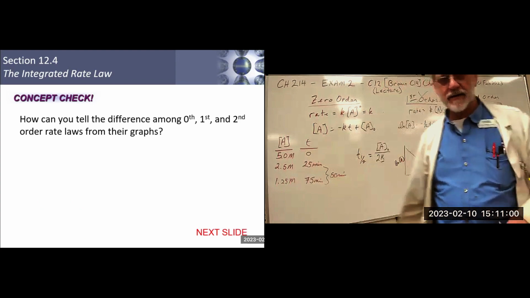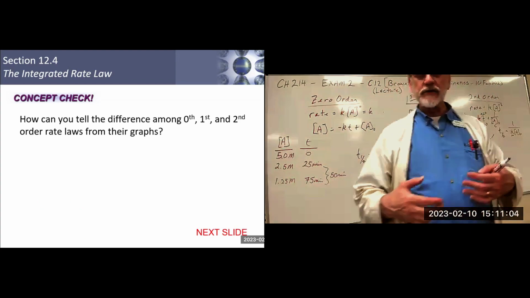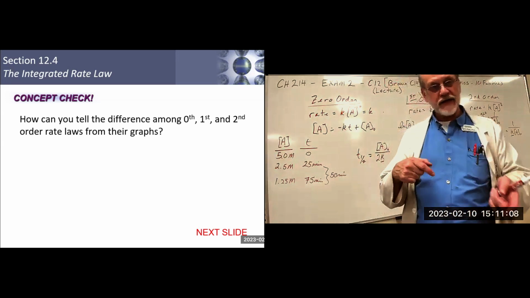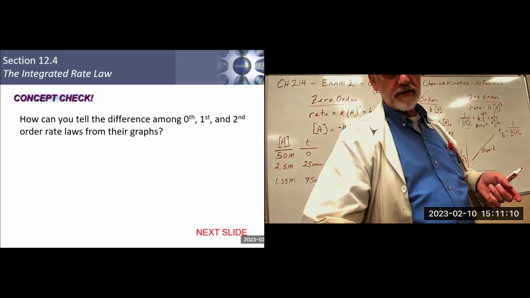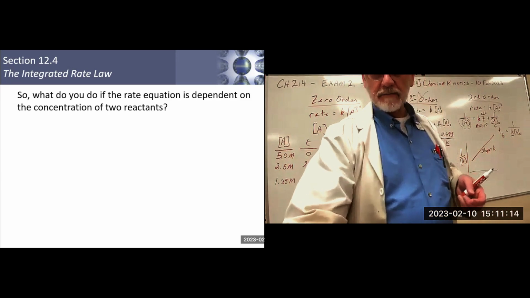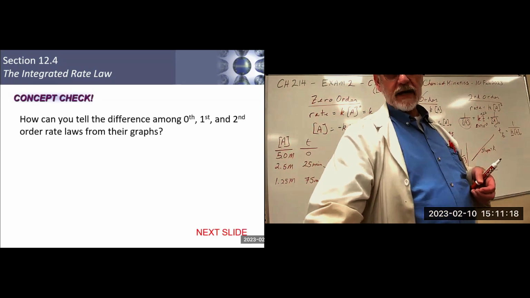All right. So this is just a refresher. How can you tell the difference among zero, first, and second order rate laws from their graphs? I guess I have to answer that one.